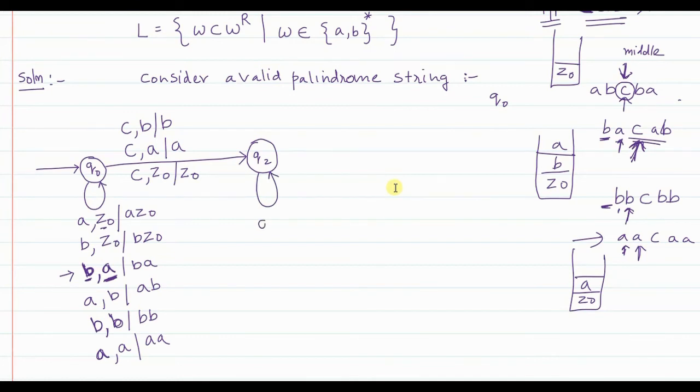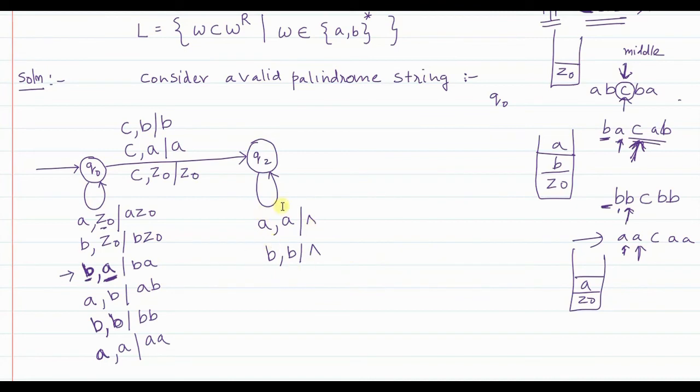If the currently scanned input symbol happens to be A, you check what is on top of the stack. If on top of the stack there is A, then they cancel. That means that A has to be popped out. Similarly, after the middle marker character, suppose the input symbol is B, and the top of the stack is also B, then both the B's match and are cancelled, right?